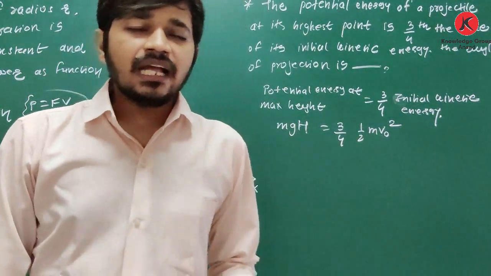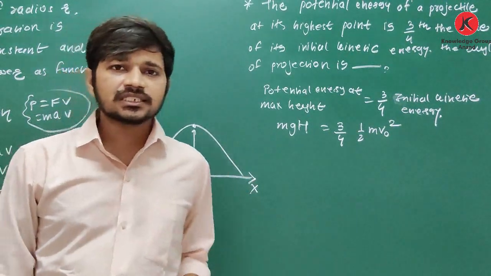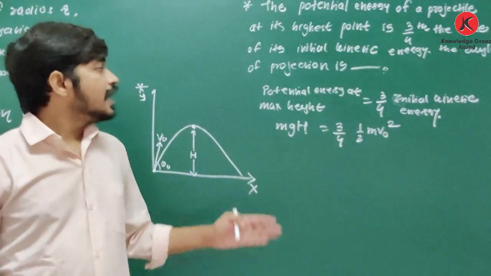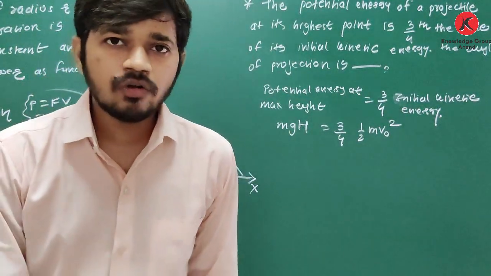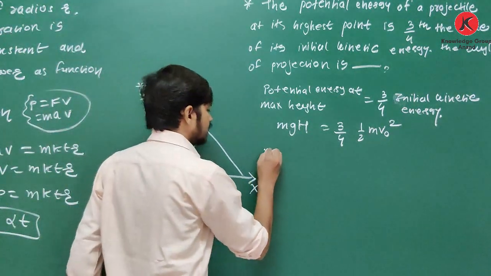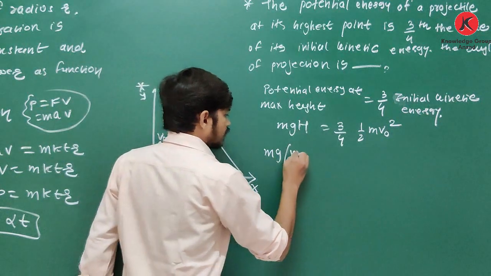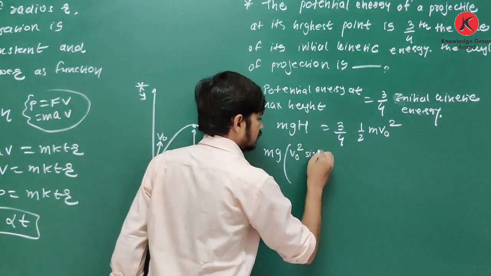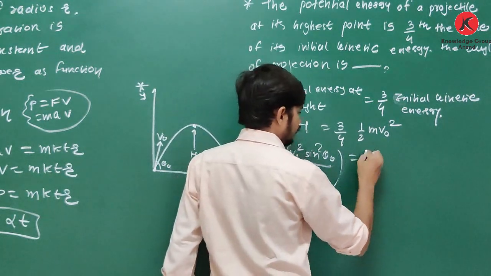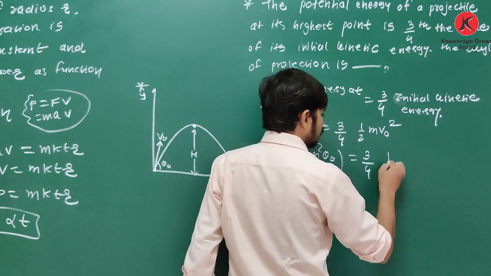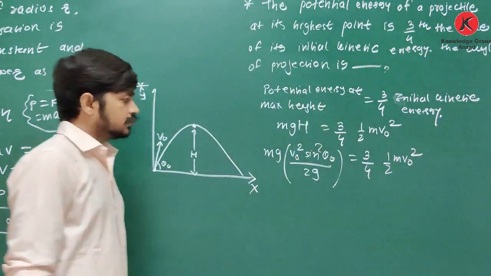So yes, again this question is a combination of chapter number 4 and chapter number 6, that is motion in a plane and work energy power, because you have to now write the equation of H. What is the equation of H? It is v0 square sin square theta 0 upon 2g, multiplied by mg, is equal to 3/4 into half mv0 square. Clear about this?